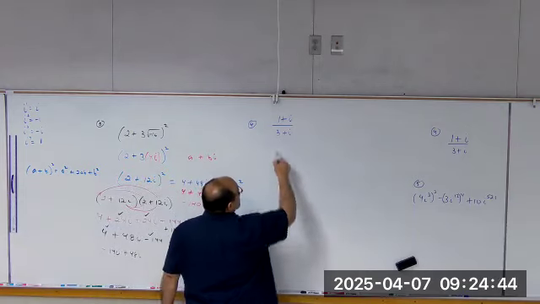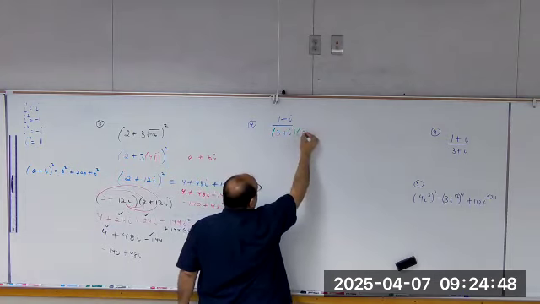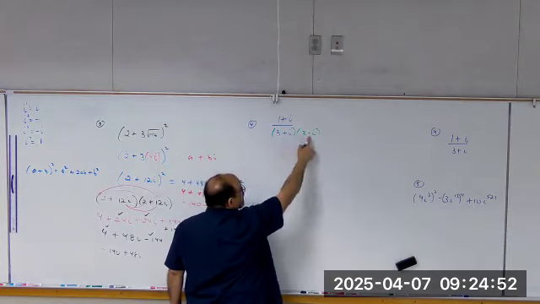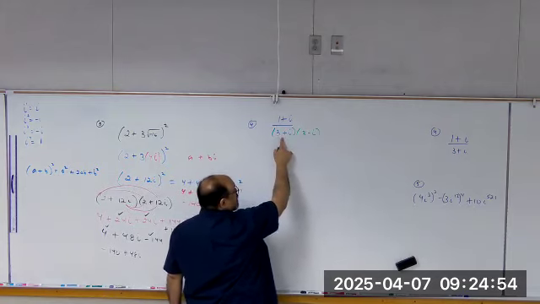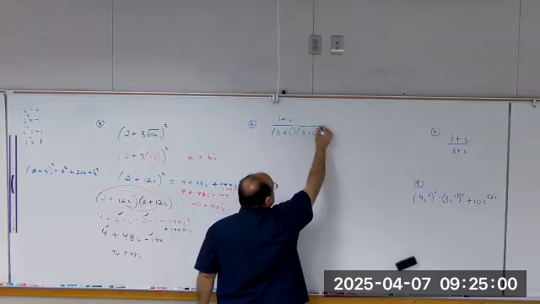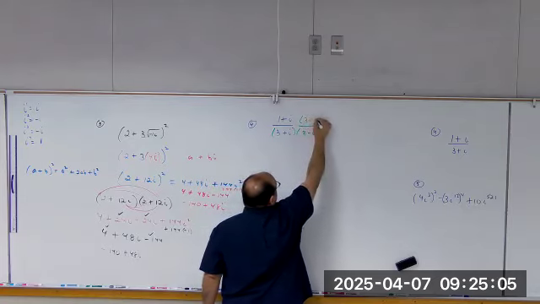What is the conjugate of 3 plus i? 3 minus i. It's the same 2 terms, you just change the sign. If this was minus, that would be plus. If you multiply the denominator by a 3 minus i, you got to multiply the numerator by a 3 minus i.